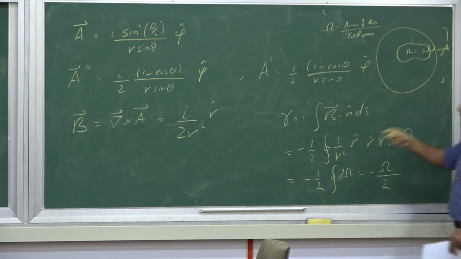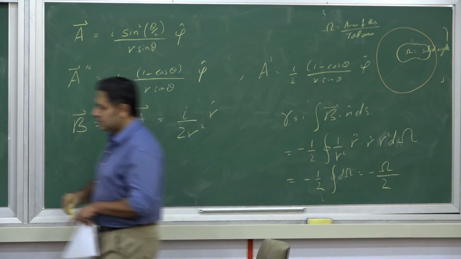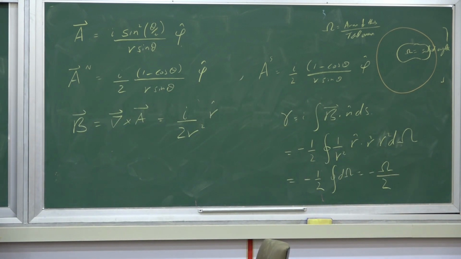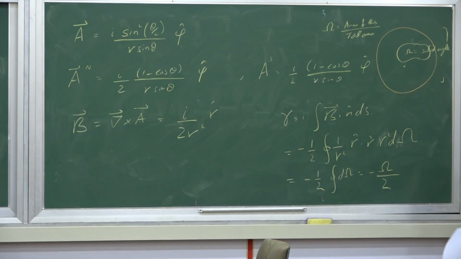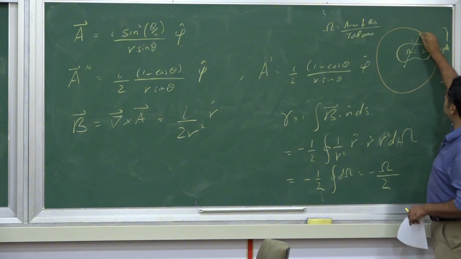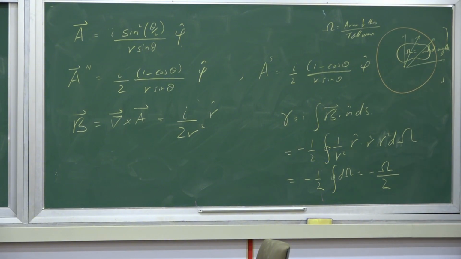And it corresponds to a magnetic monopole. So there is a magnetic monopole sitting at the center. It has a Coulomb-like field. And its flux through this is what you are measuring in the Berry connection.